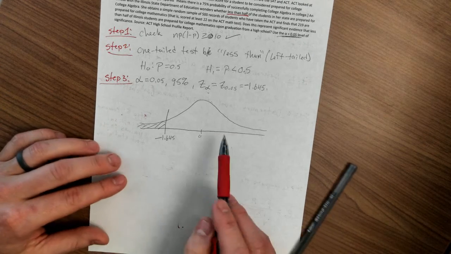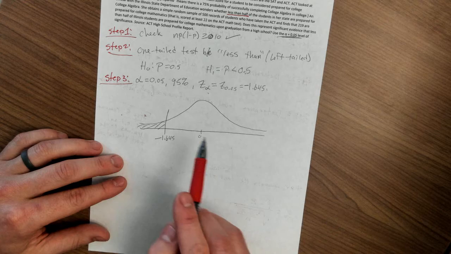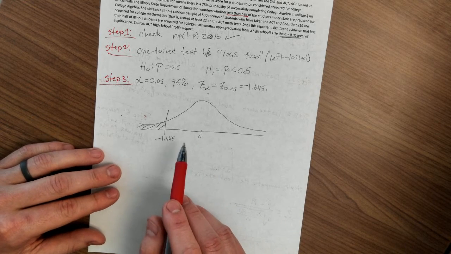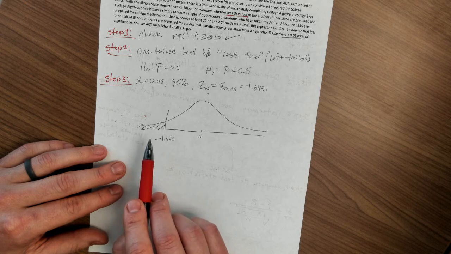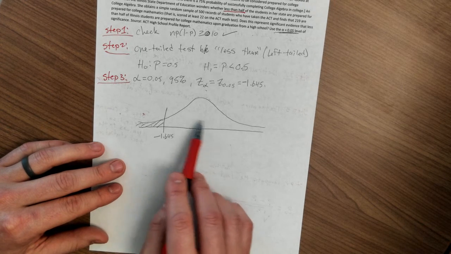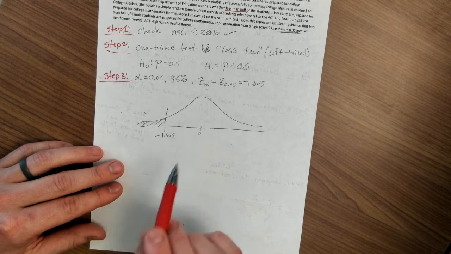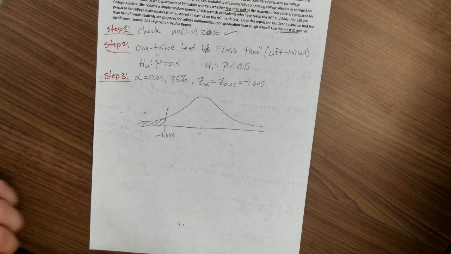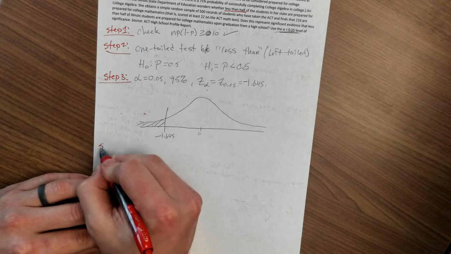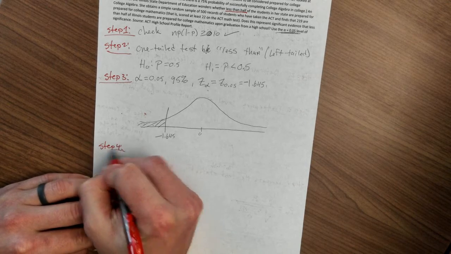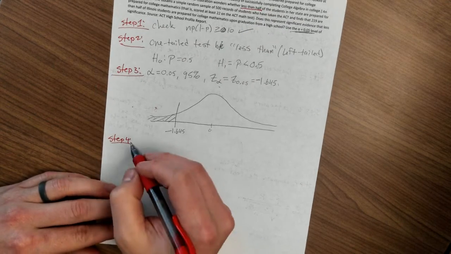So when we find our test statistic in step 4, if it lies within our critical region, that means we reject the null hypothesis. If it doesn't lie in the critical region, we do not reject the null. So in step 4, let's do our test statistic.